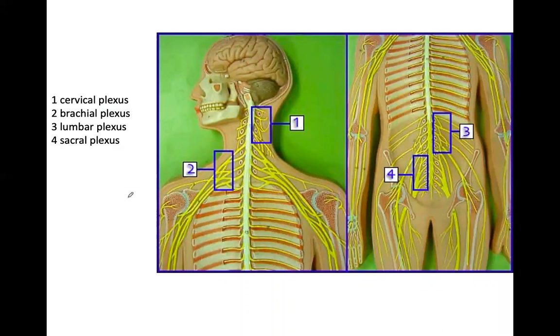The detail you need to know is that it is broken down into 4 major nerve plexuses. One within the neck region called the cervical, one supplying the arm called brachial, one associated with the lower back called lumbar, and one associated with the sacrum called sacral.